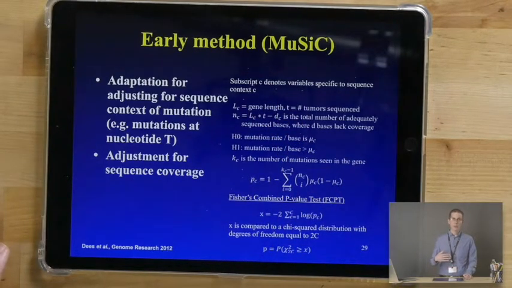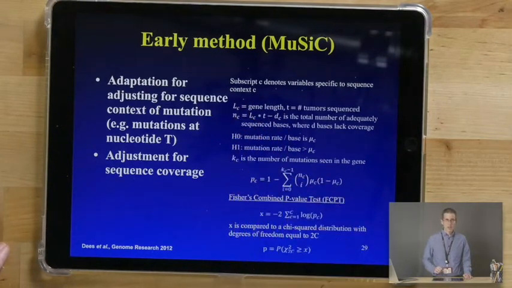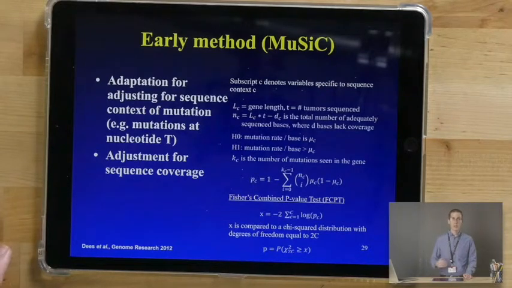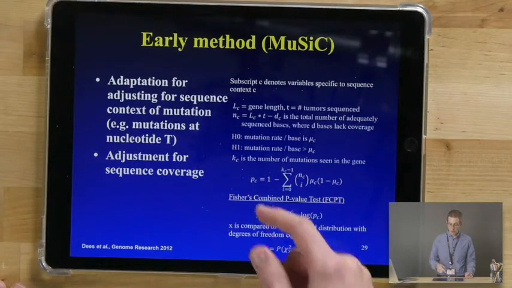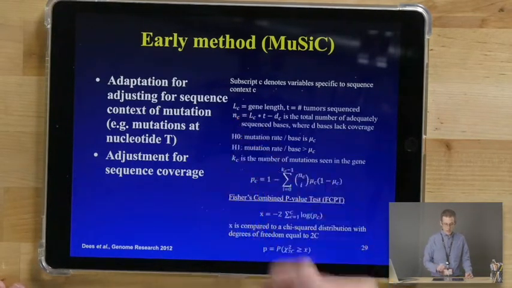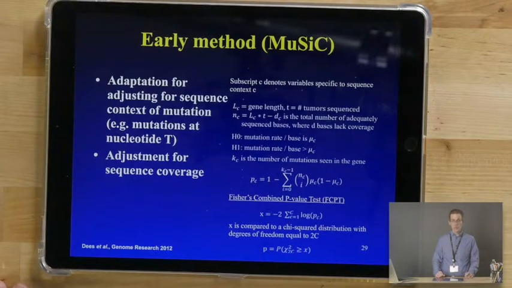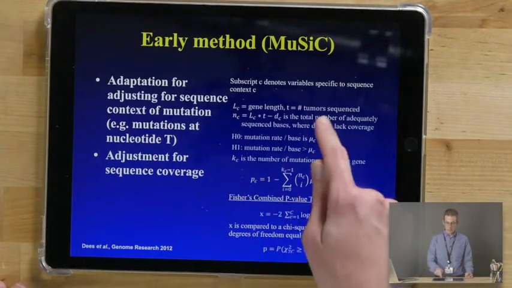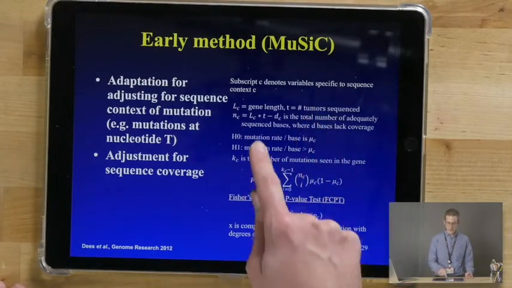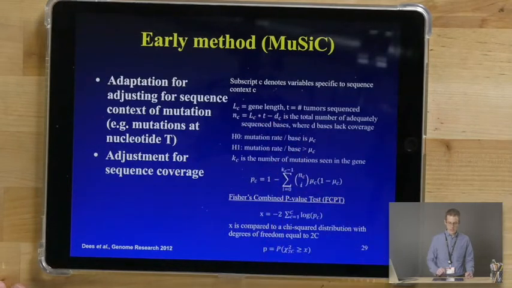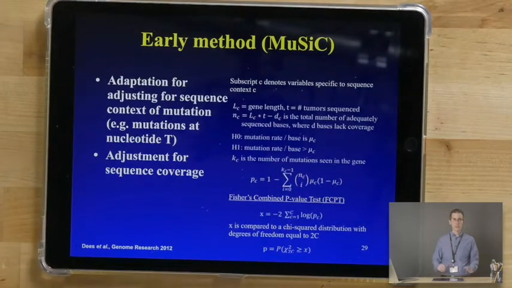Now you have a subscript C representing the different contexts. So now the gene length reflects the number of bases that is specific to, say, A bases and so forth. And then the bases at risk for potential mutations are now also updated. The number of tumors sequenced doesn't change, but now you have L_C times T as opposed to just purely the gene length.